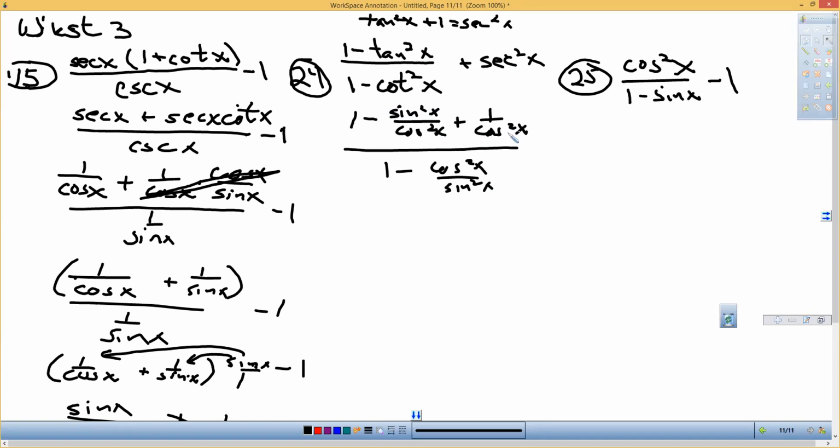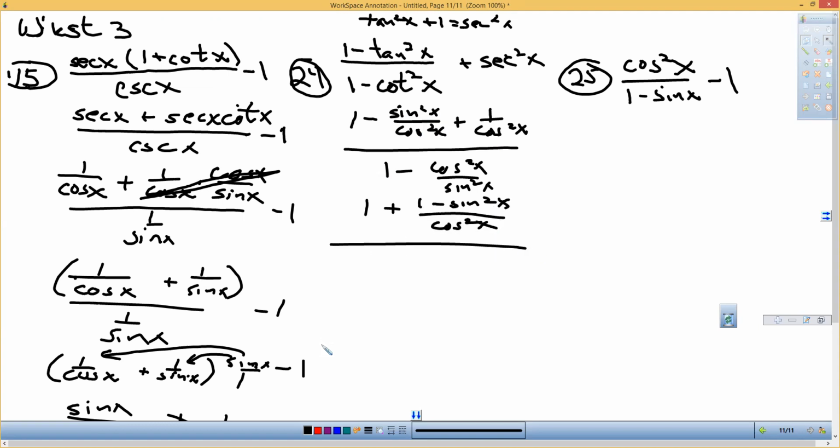Now, something I noticed right here is that these two things have a common denominator already. So I can put these two numerators over the common denominator, and remember this is minus this. I'm going to change this plus 1 to the front of that and have 1 minus sine squared x all over cosine squared x.